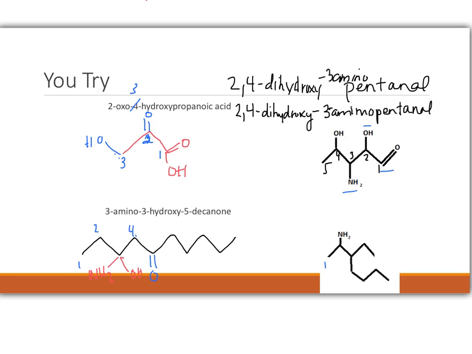I want to count 1, 2, I could go 3, 4, 5, or I think if I go down I'm going to get a longer chain. 3, 4, 5, 6, 7. So this is 2-heptanamine, and then there's a 2-carbon branch at the 3rd carbon, so 3-ethyl 2-heptanamine.